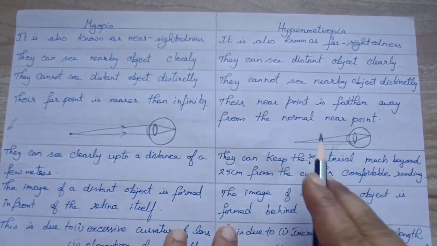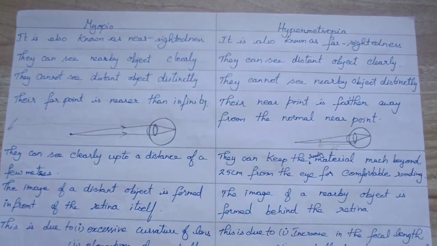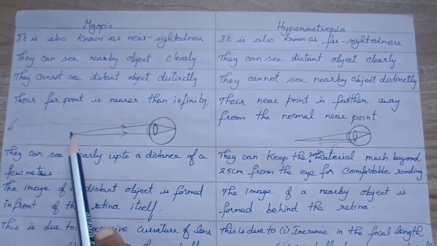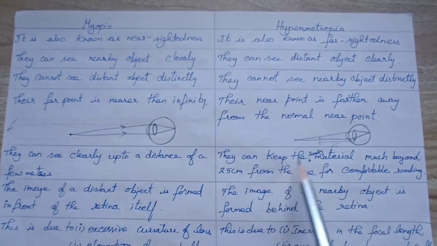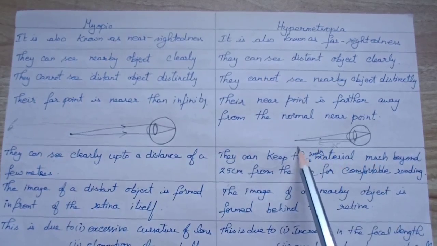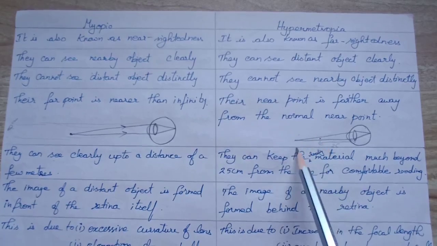This is the near point for the hypermetropic person. They can see clearly up to a distance of only a few meters. Likewise, they are able to read or see materials beyond this 25 centimeters. When the object is present behind this, they are able to see it.